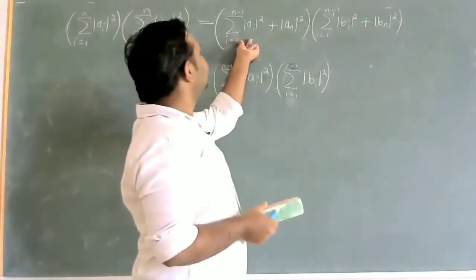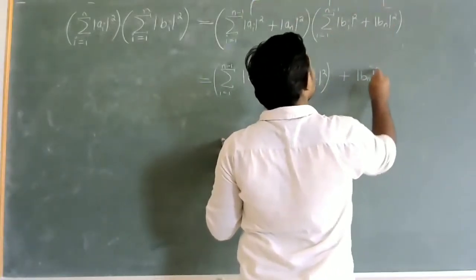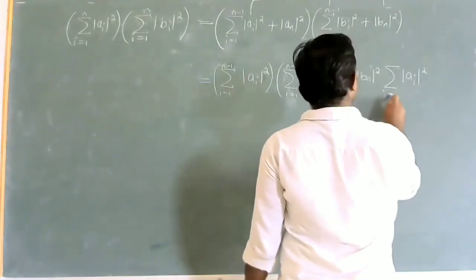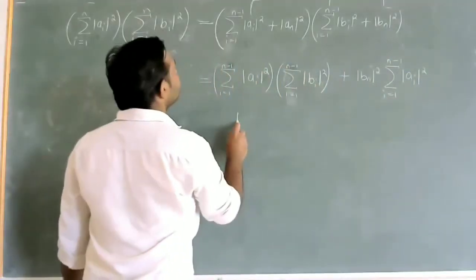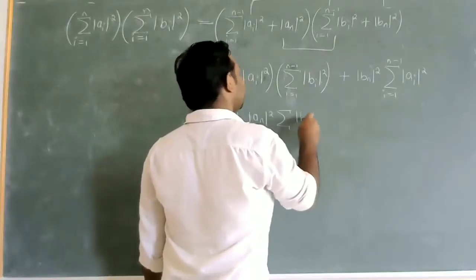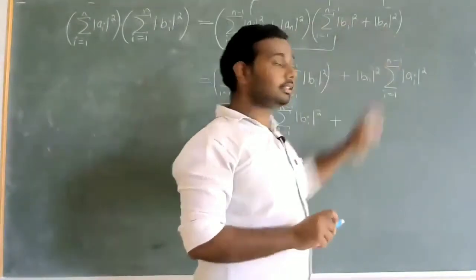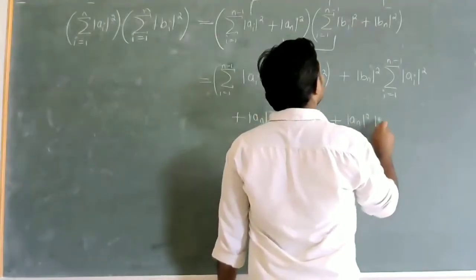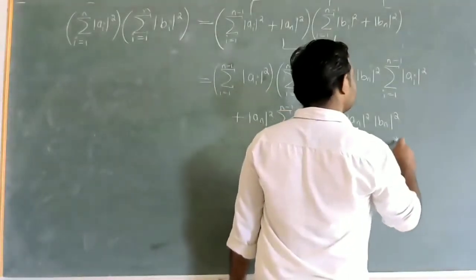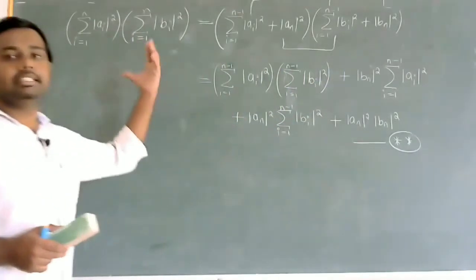Then this term into this one: modulus of bn whole square into summation modulus of ai whole square, i running from 1 to n minus 1, plus this into this: modulus of an whole square into summation modulus of bi whole square, i running from 1 to n minus 1, plus the last term, modulus of an whole square into modulus of bn whole square. Call this double star.